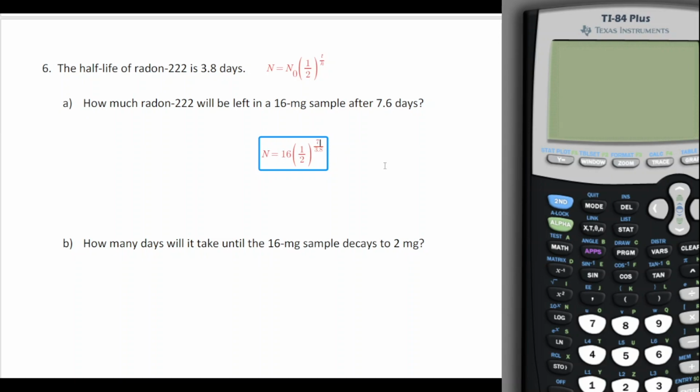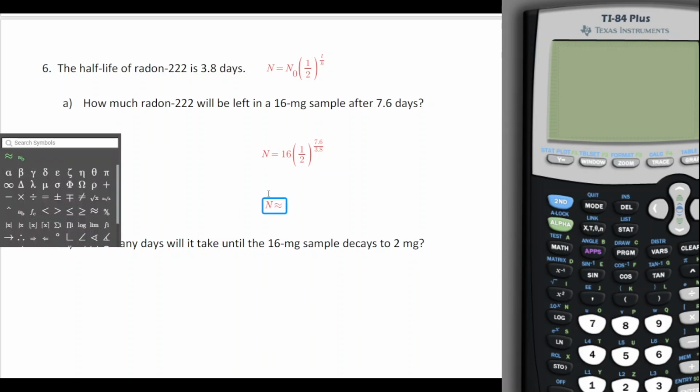So I'm going to throw in 7.6 here. So n is approximately, and this is going to be measured in milligrams, so just keep a heads up. Let's go to the calculator and type away: 16 times a half to the power of 7.6 divided by 3.8.